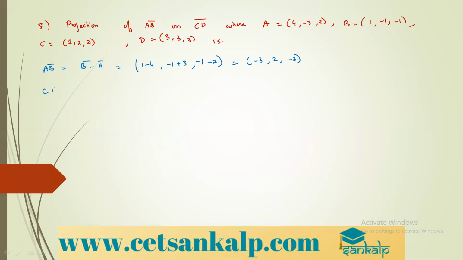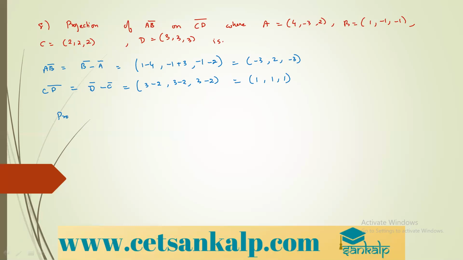Then we have to find vector CD. That is D minus C. For that, 3 minus 2, 3 minus 2, 3 minus 2. That means (1, 1, 1).